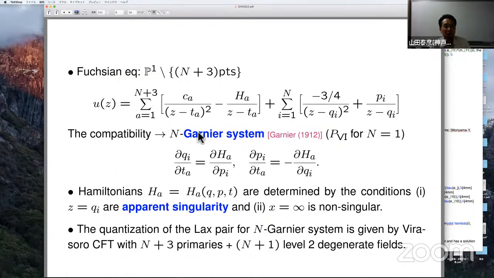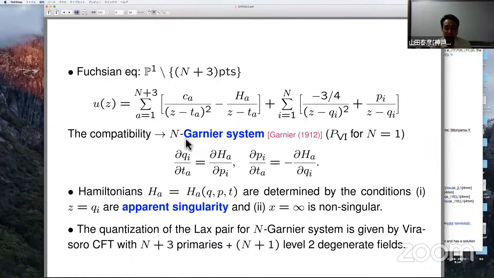So more precisely, when the potential function is given in this way, this is a Fuchsian equation on P1 with n plus 3 regular singular points and additional apparent singularities. And the compatibility for this Fuchsian equation is the famous Garnier system.